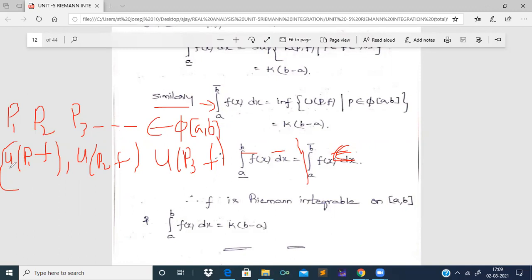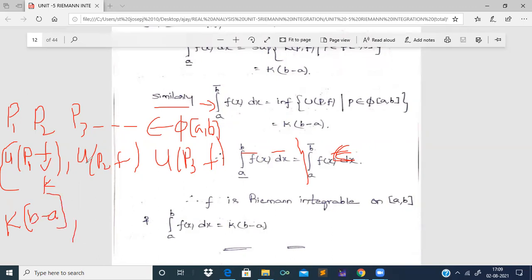So what will be the value of the upper Darboux sum for the first partition p1 if f is a constant function? It will be equal to k into b minus a.